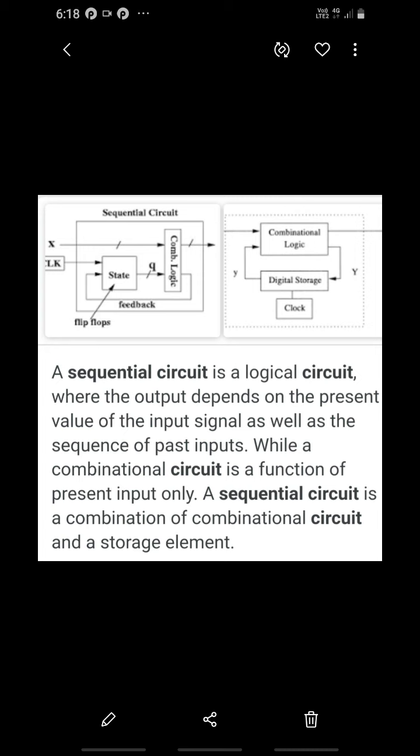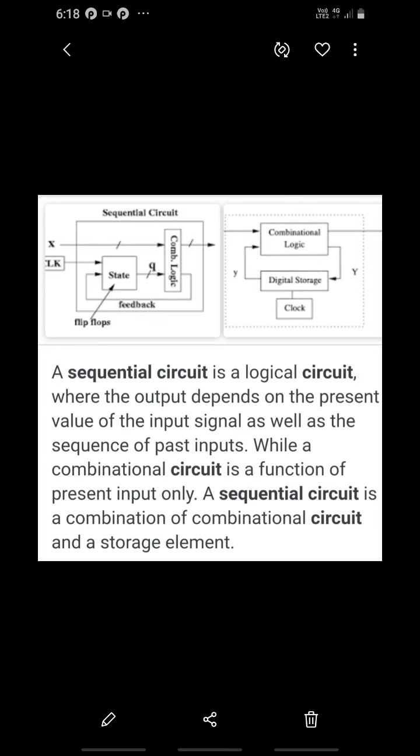In the above figure, as shown in the PPT, there is the sequential circuit diagram. So here is the combinational logic circuit, whose output depends only on present input, and the next block is digital storage.